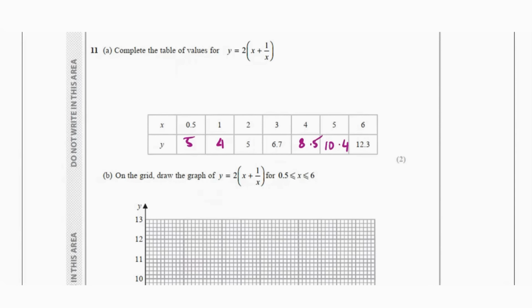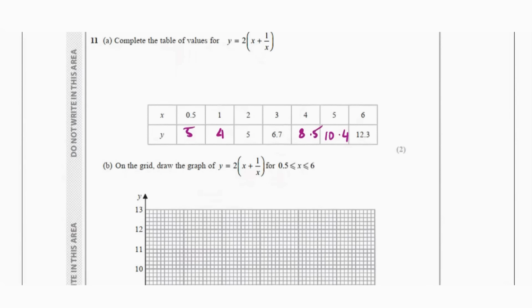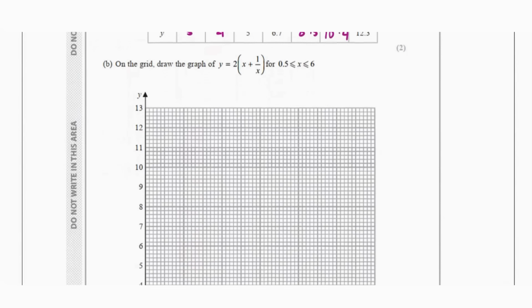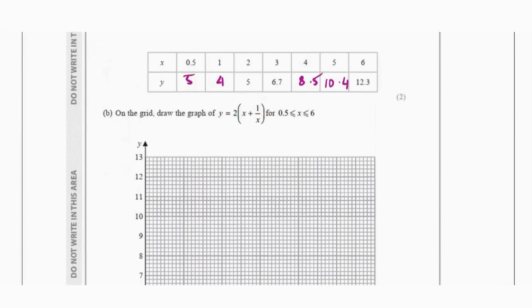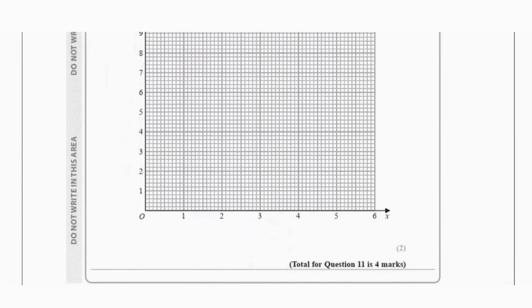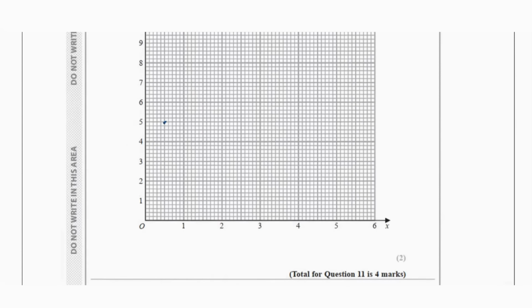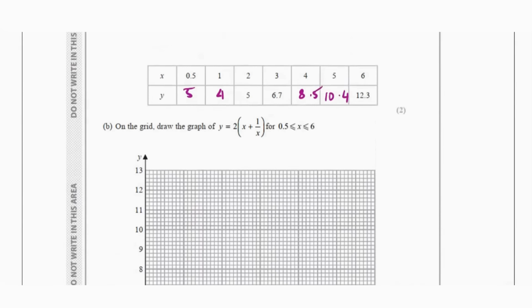So now let's plot these points on the grid below. So we have 0.5 and 5. That's over here. Then 1 and 4.